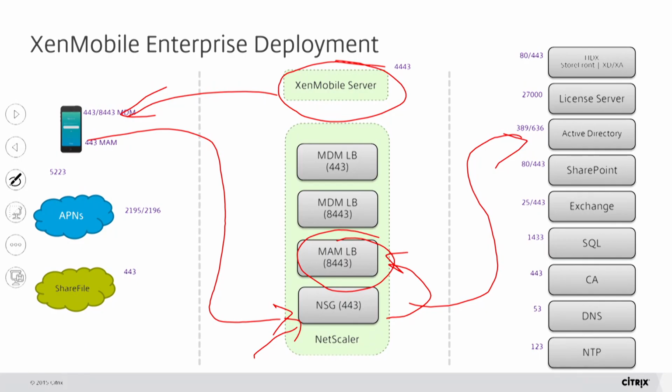It has to follow the RFC 1918 format, because otherwise the NetScaler is going to try to contact this load balancer, the load balancer is going to try to reach back to the XenMobile server, and if it finds out that the load balancer doesn't have a real, standard private IP address, it's going to shut down the single sign-on process and it's going to fail. So that's very typical of what we've seen lately. So make sure that you're using private IP addresses in this load balancer, so at least we know for sure the NetScaler can talk fine with the XenMobile server behind the scenes and allow you to see the application list.